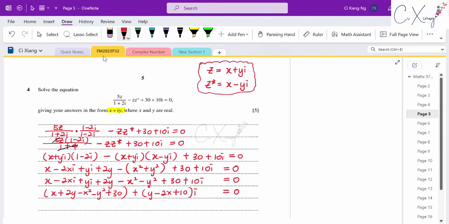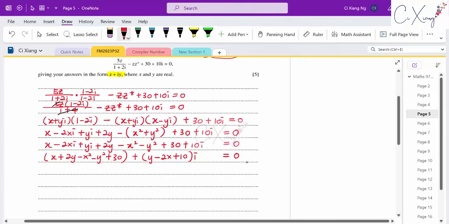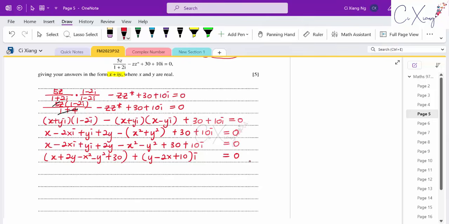If I group them together, I have y minus 2x plus 10, times i, and it equals 0. So I compare the left hand side with the right hand side of the equation. My right hand side is 0, which means the real part is x plus 2y minus x squared minus y squared plus 30 equals 0, and this will be my first equation.